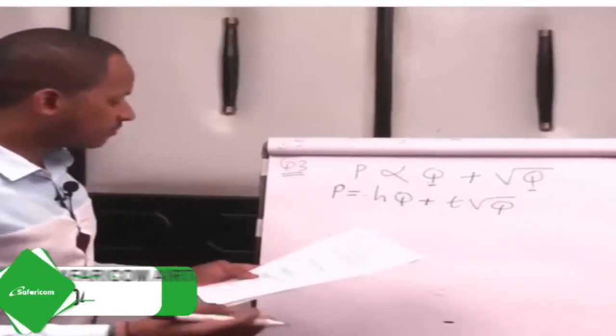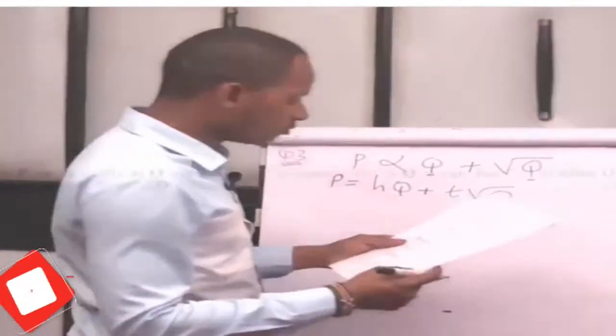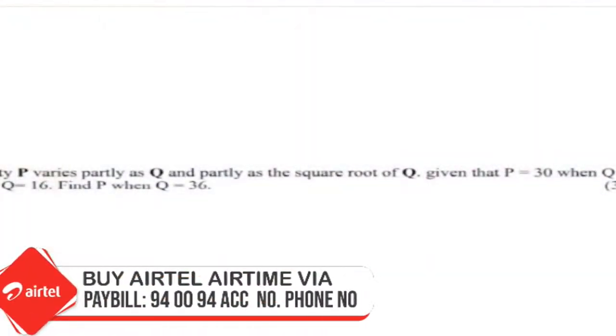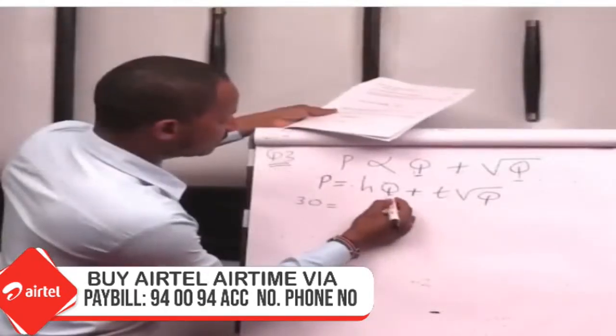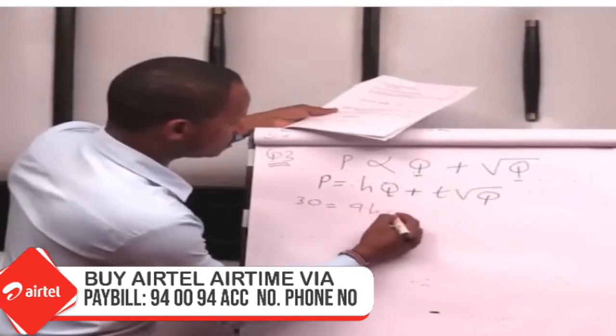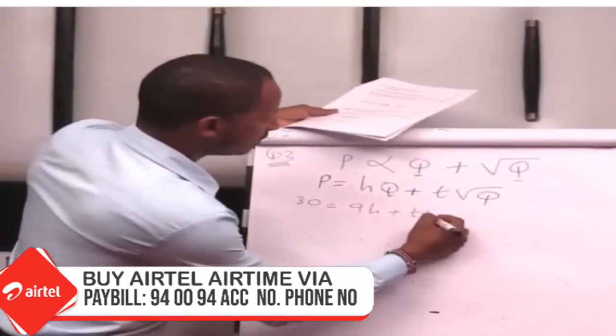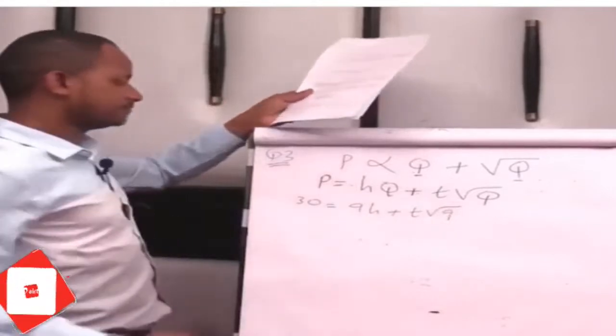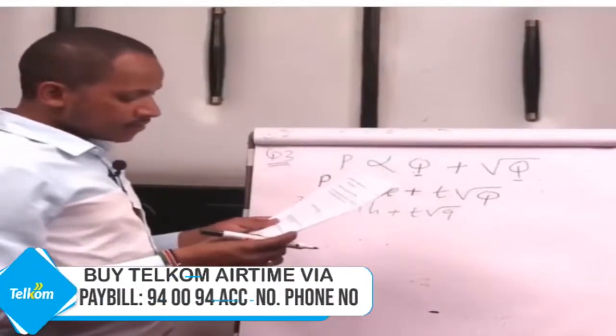So you just do the replacement. What does the question say? A quantity P varies partly as Q and partly as the square root of Q. Given that P is equal to 30 when Q is equal to 9, so 9H plus T times the square root of 9.